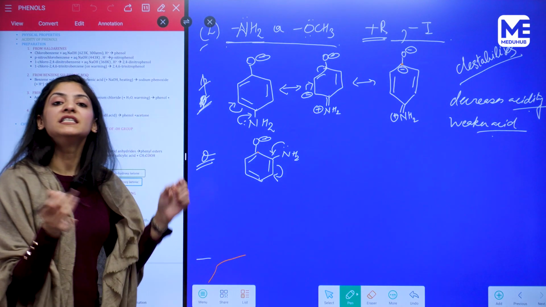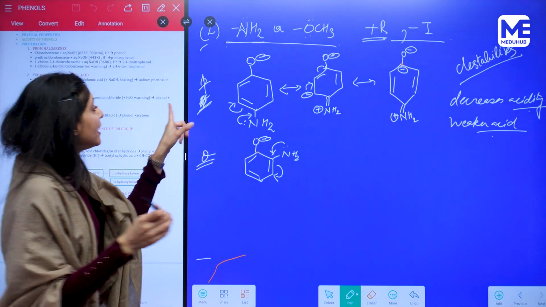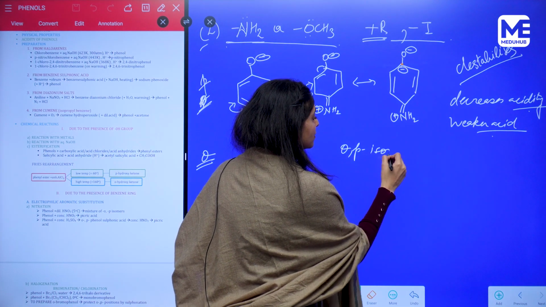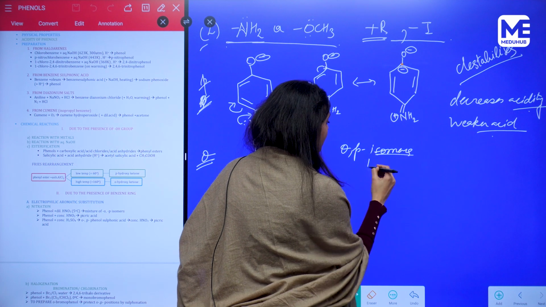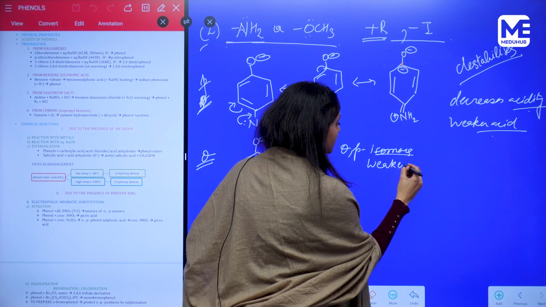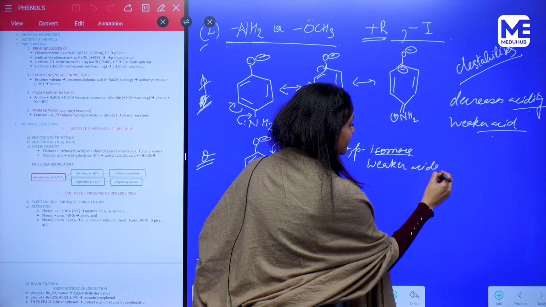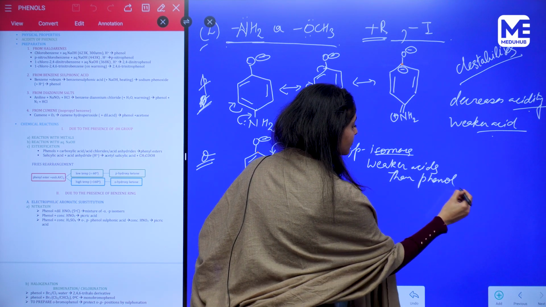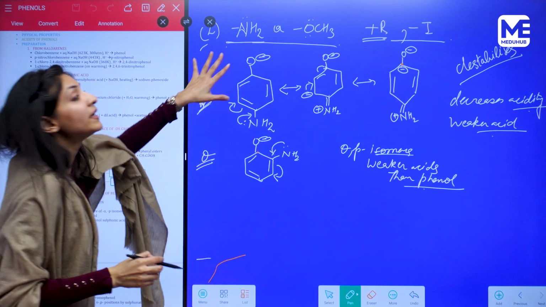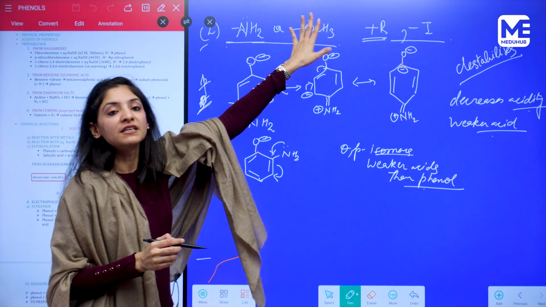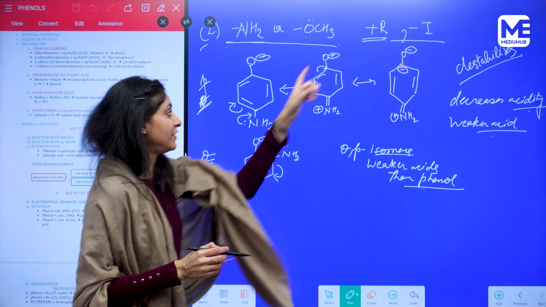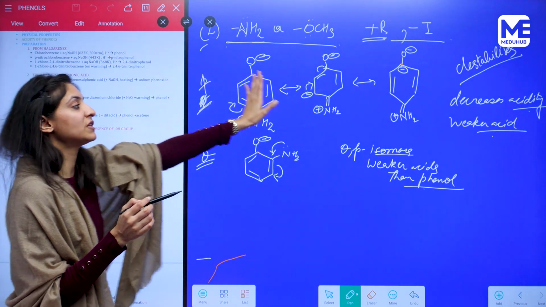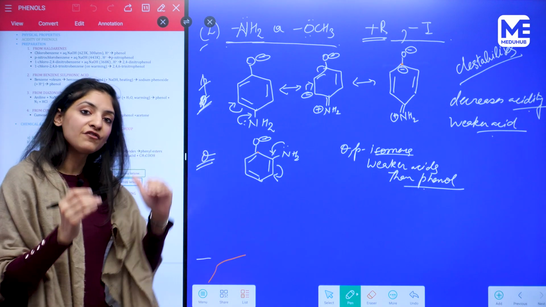That means it is destabilizing the phenoxide ion, and hence both ortho and para isomers are weaker acids than phenol. So when a group like NH2 or OCH3 is attached, which has a plus R and a minus I effect, at the ortho and para position, the plus R effect makes the phenoxide ion unstable and hence they are weaker acids.